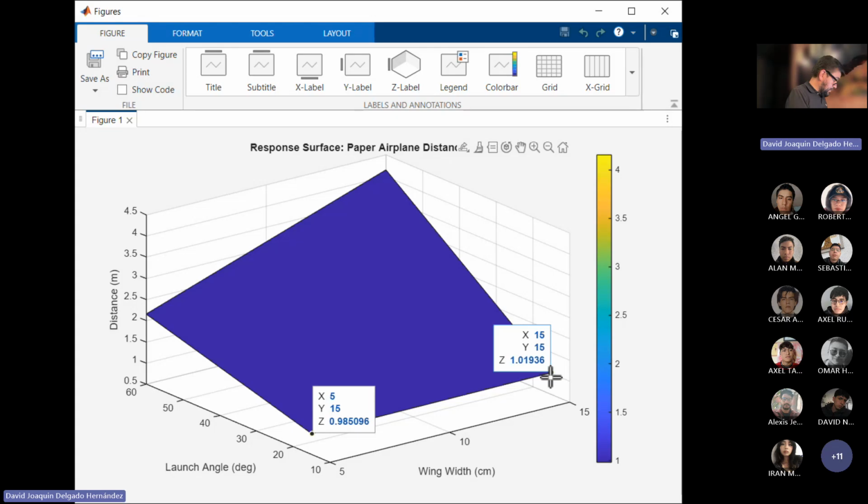And the last combination would be large and high. It is the best. In this case, it is the maximum value. You have 4.15. Okay, I am writing it down in the WhatsApp group.